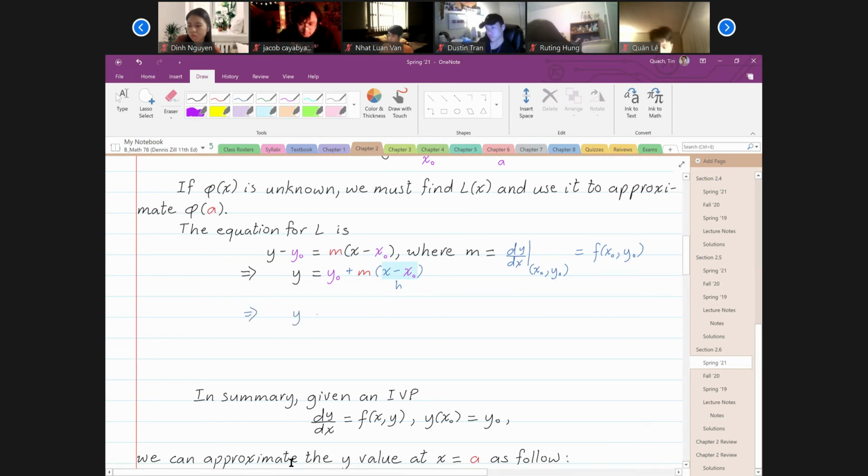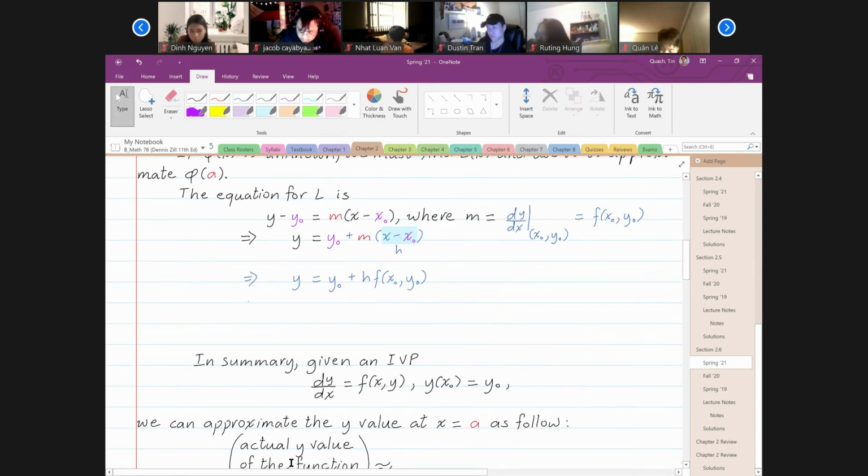We have y equals y naught plus h times m, which is f of x naught, y naught. So the y here is actually L of x.